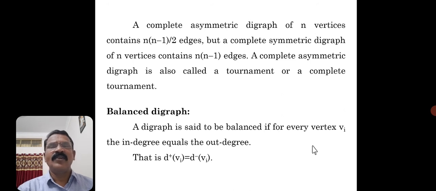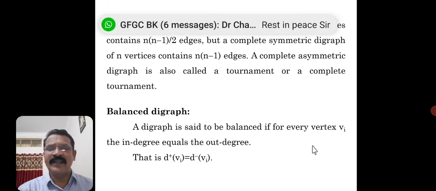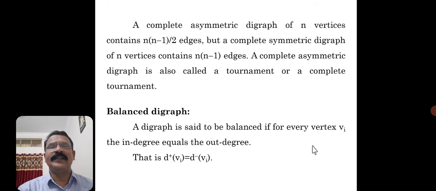We will see what a balanced digraph is. A digraph is said to be balanced if for every vertex vi the in degree equals the out degree, that is d+(vi) must be equal to d-(vi). What is d+(vi) and what is d-(vi)? That we already know: incident out and incident into. How many edges are incident out?